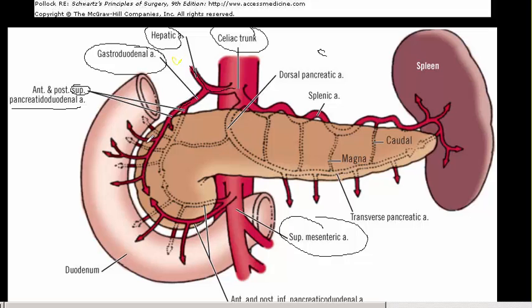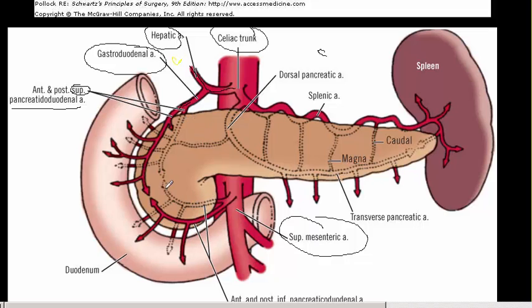So the superior blood supply of the head and the neck of the pancreas is from the celiac trunk, the common hepatic artery, the gastroduodenal artery, and eventually the anterior and posterior superior pancreaticoduodenal arteries. So this is about the superior, anterior and posterior areas of the pancreas.